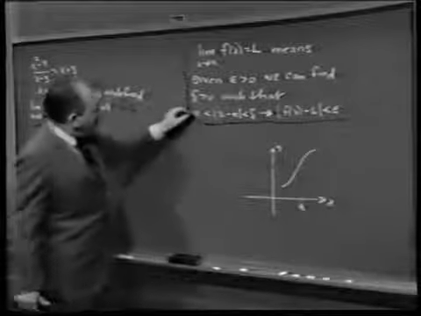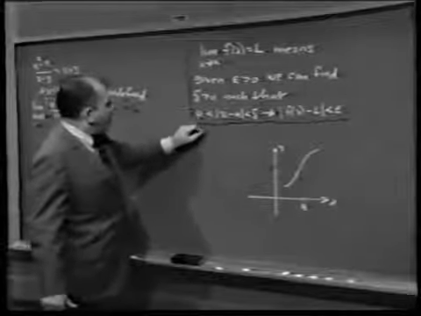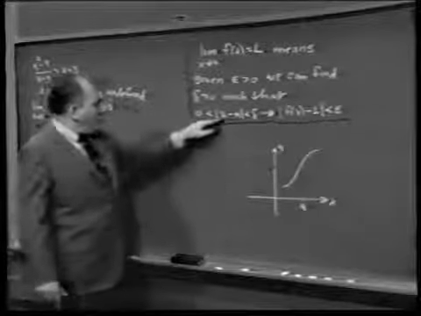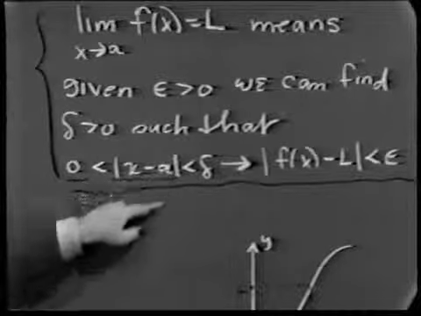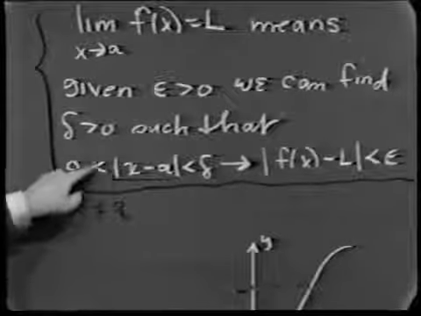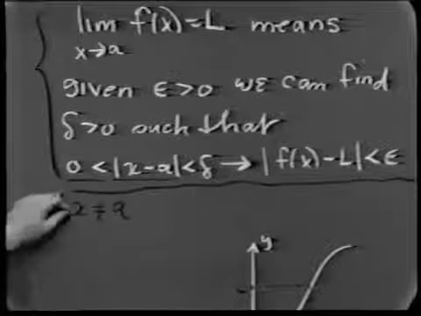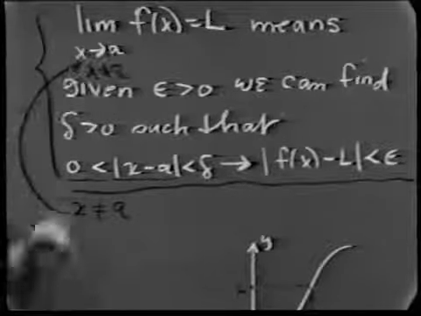And by the way, this little tidbit over here is simply a fancy way of saying that you're not letting x equal a. The only way the absolute value of a number can be 0 is if the number itself is 0. The only way this could be 0 is if x equals a. So by saying that this is greater than 0, that's our fancy way of saying that we are not going to allow x to equal a.